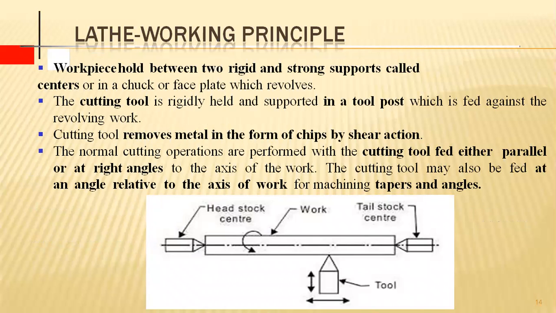Coming to the major principle of this lathe machine, the workpiece is held between two rigid, strong supports, which are called the centers, or we'll be calling them chucks. This is holding device 1, this is holding device 2, and normally we call this the headstock, and this is the tailstock. The workpiece is held with respect to these two different stocks.